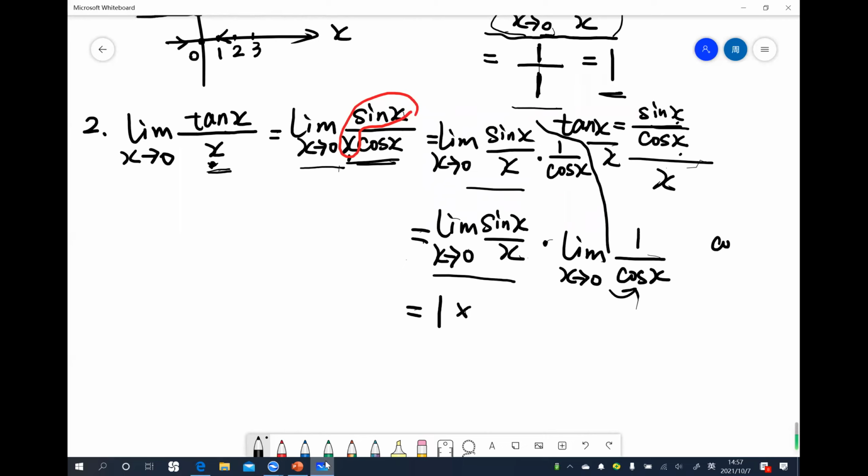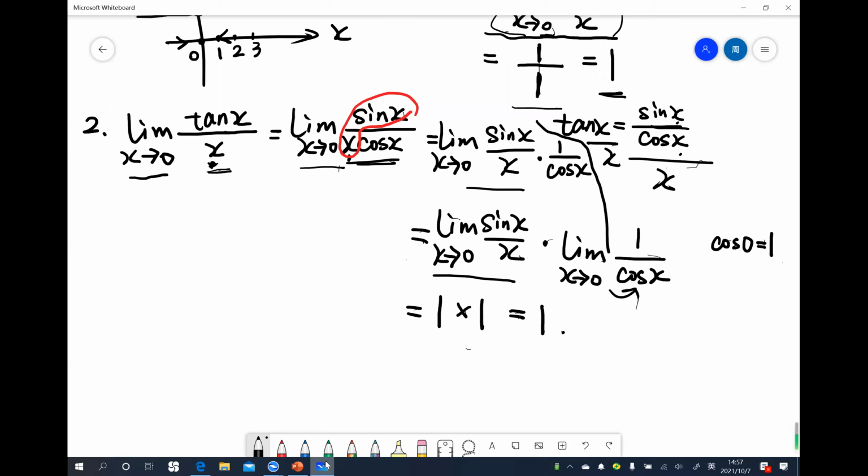Remember that cosine 0 equals 1. So the limit is 1 by 1, which equals 1. So 1 times 1 equals 1. So we get the second result, that the limit of tangent x by x equals 1 as x approaches 0. For the second question, can you understand? Yes, Laoshi.